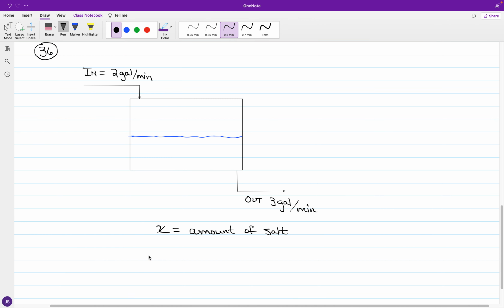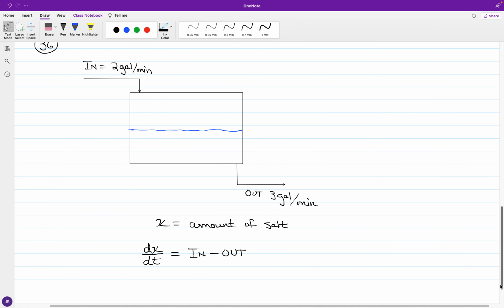Okay, so for the salt, the concentration is going to be changing. And we can say dx over dt is equal to the salt going in minus the salt going out. For what we have coming in, the entering flow stream is at 2 gallons per minute.